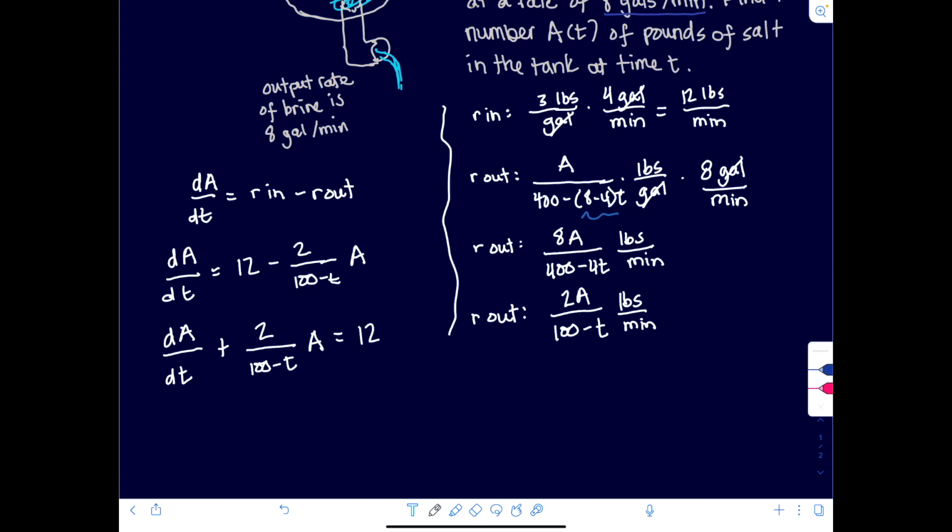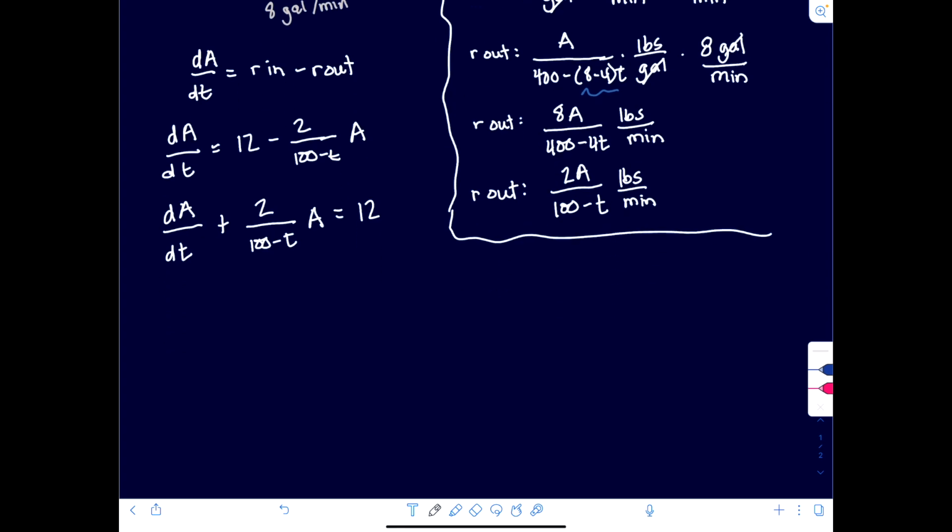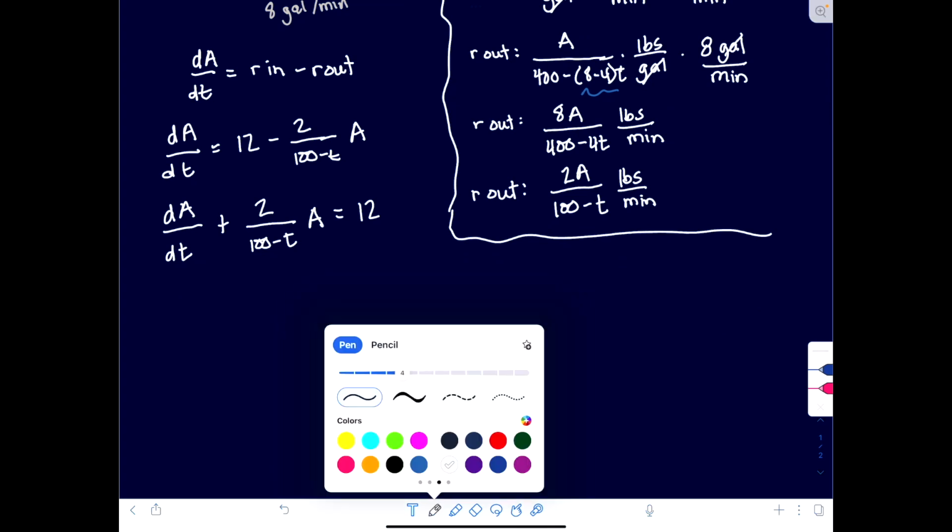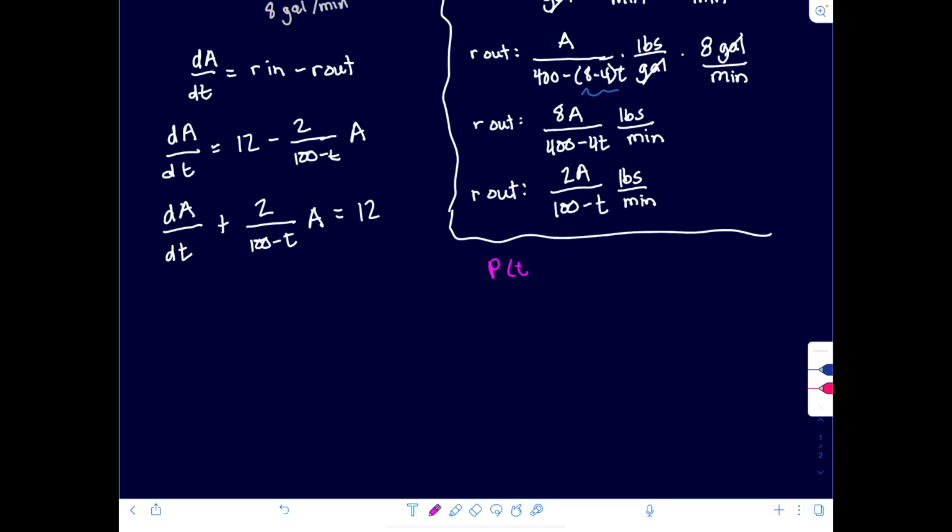Good so far? All right, so now for the integration, right? So here we go. P of t is the coefficient of the A term. So we're going to have 2 over 100 minus t. And so e to the integral of P of t dt equals e to the, I'm going to factor out the 2, integral of dt over 100 minus t.